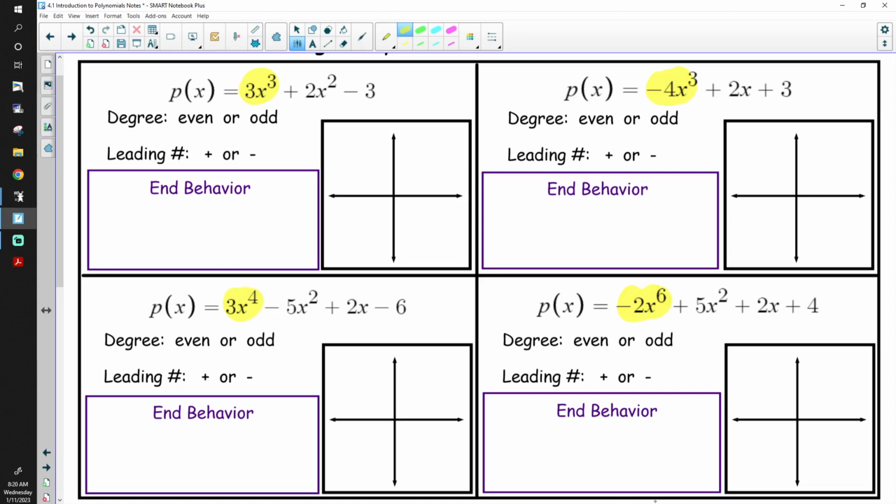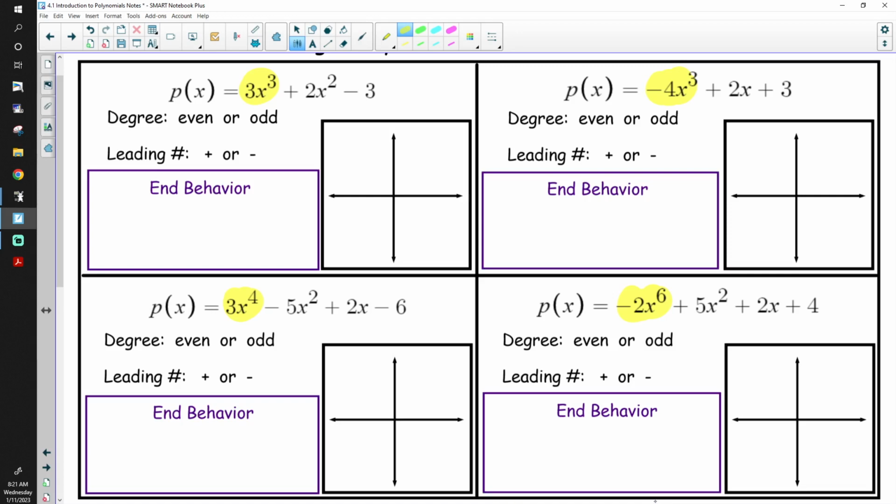This first term will tell us everything we need to know. It'll tell us what the left side of the graph does. It will tell us what the right side of the graph does. So you can think of today like we're creating rules for what a graph does based on what that first term is. Okay, so we're going to do 4 of these, 1 for each of the possibilities.